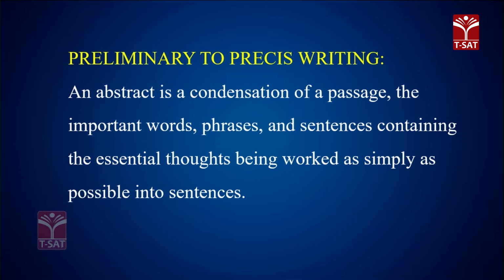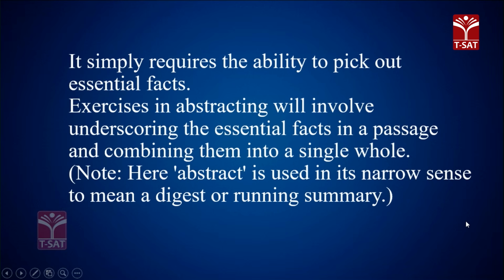And some of the important points to be remembered about Precis writing. An abstract is a condensation of a passage, the important words, phrases and sentences containing the essential thoughts being worked as simply as possible into sentences. This is very, very important. Condensation of a passage, getting it shortened, making a note of important words, phrases, sentences and essential thoughts.